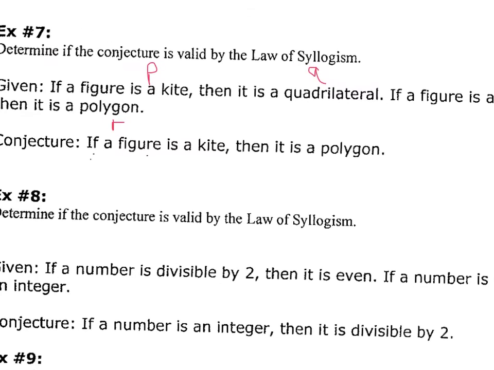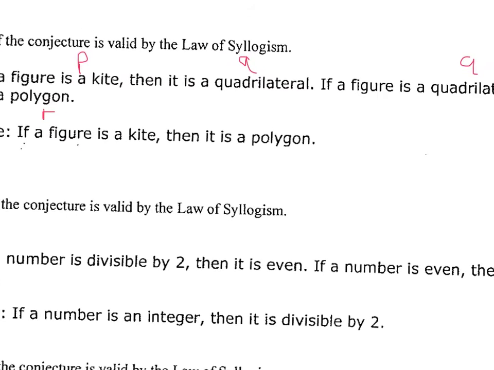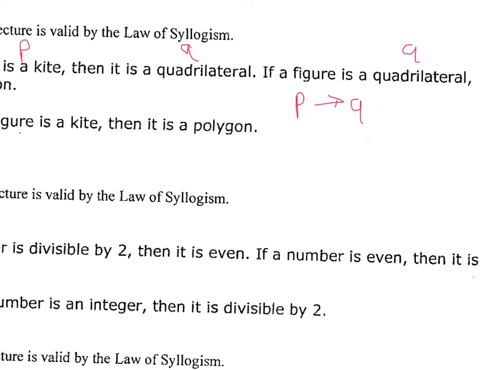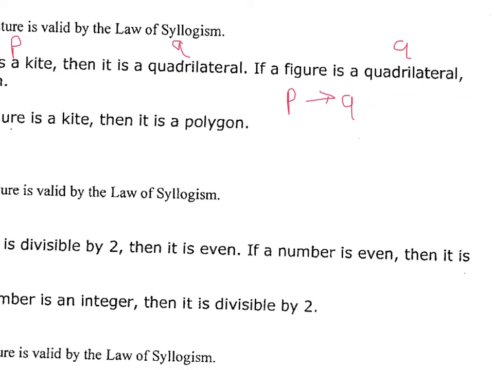So if a figure is a kite, then it is a quadrilateral, so we go from P to Q. And if a figure is a quadrilateral, then it is a polygon, so Q also goes to R. Since both of those things are true, then P goes to R. So we know that this statement is going to be valid.